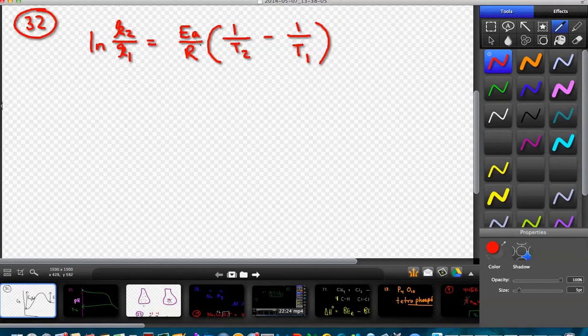And actually, there should be a negative here, so if you want to make this a positive, you can change your signs right here.